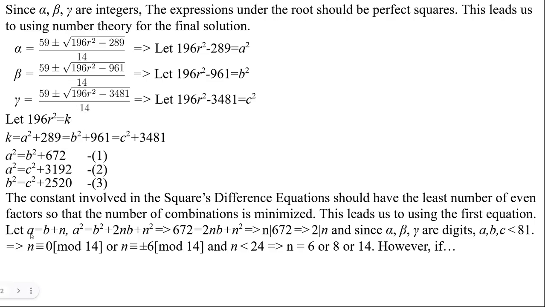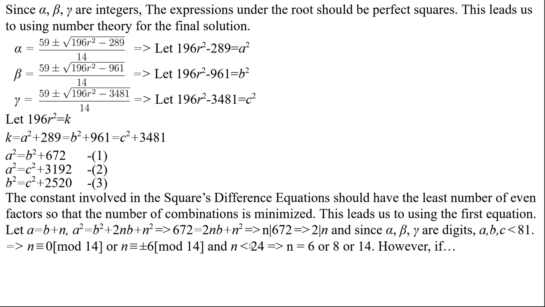So basically A is congruent to plus or minus 3, B is congruent to plus or minus 3, and this is 0 or plus or minus 6 because of that. So that's how we get n is congruent to 0 mod 14, or n is congruent to plus or minus 6 mod 14. And n is lesser than or equal to 24.